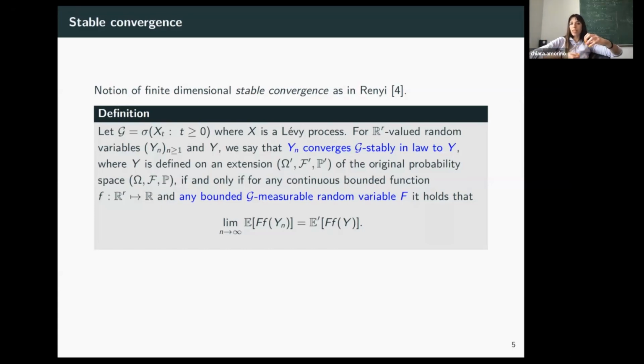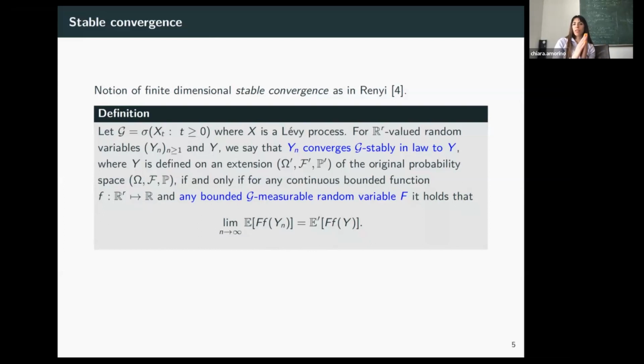But what's really important, and I want to highlight this again, is that the stable convergence is with respect to a particular sigma algebra that is generated by X. So this concept of weak convergence has to be true for any continuous bounded function small f, but also any bounded G-measurable random variable capital F. You see that this definition really reminds us of the classical weak convergence in the case where F is just the identity, but it has to be true for all G-measurable random variables capital F.